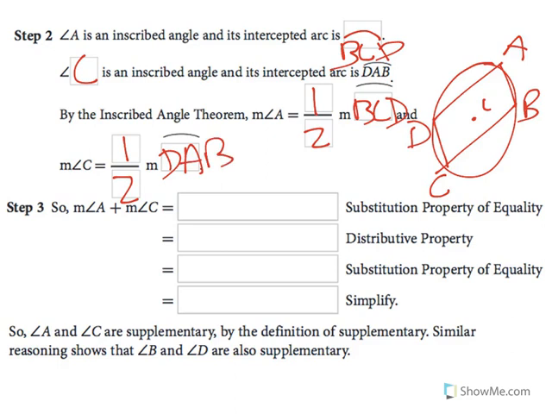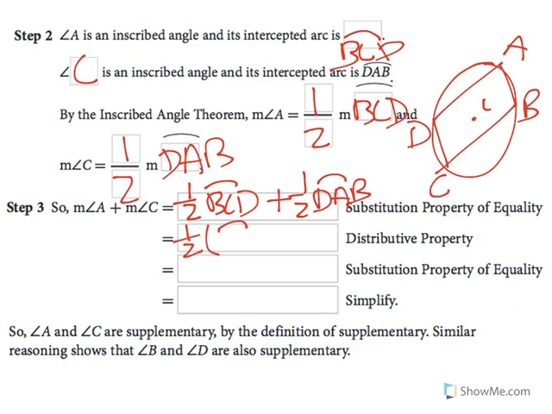DAB. So step 3, angle A plus angle C: by substitution, A is 1/2 of BCD, and C is 1/2 of DAB. So we can factor out the 1/2. So this is the arc BCD plus the arc DAB.